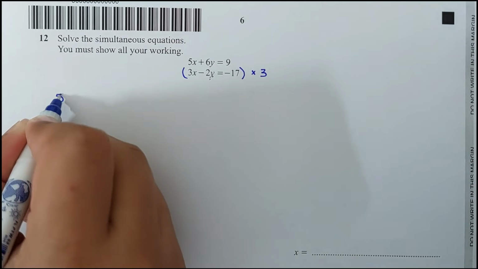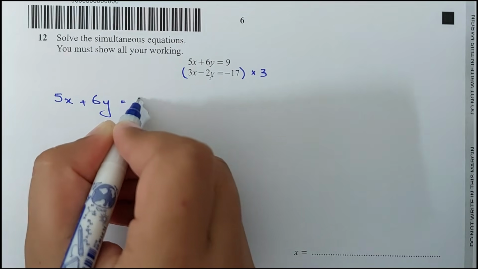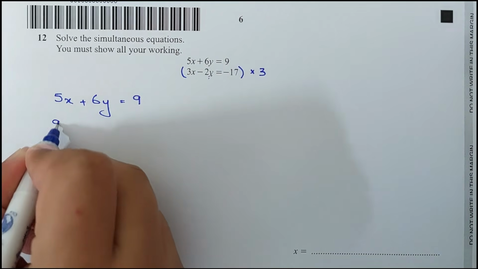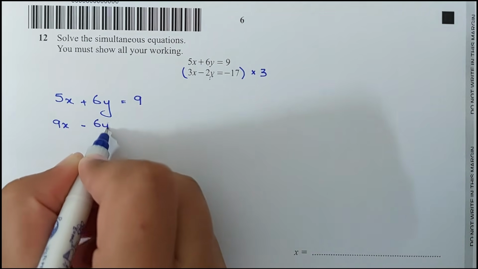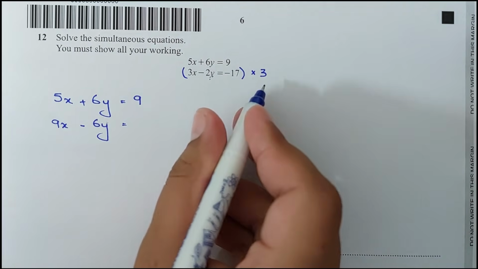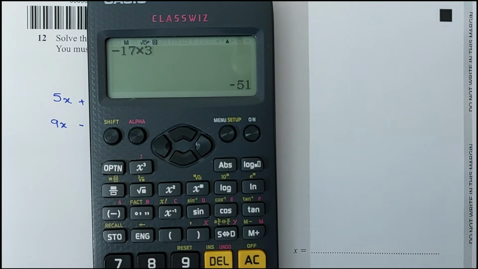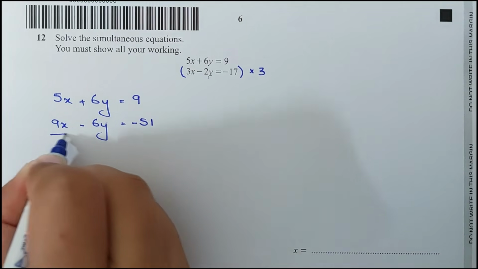The first equation stays the same, 5x plus 6y equals 9. And the second equation is 3 times 3 is 9x, minus 2 times 3 would be 6y, and minus 17 times 3 would be negative 51. Let me add the two equations.